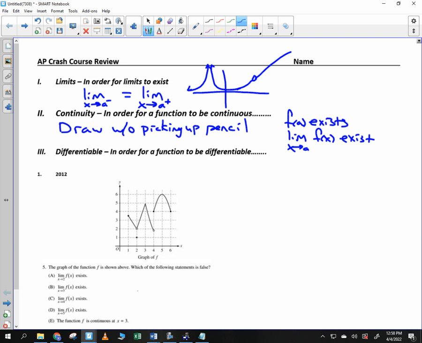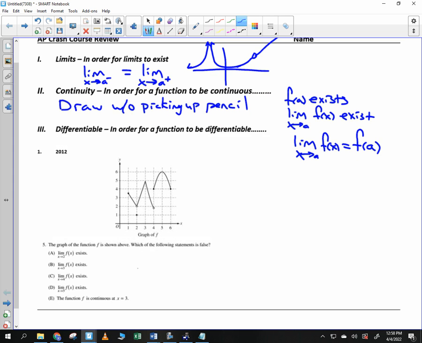The two must be equal to each other. So the limit as x goes to a of the function must be equal to f of a. So if those three are true, then it's definitely continuous. Those are elements of continuity. I know you don't remember them, but they should look familiar that we did tests on them and you had to determine them. Those are second or first tests of the year. So it was a long time ago.